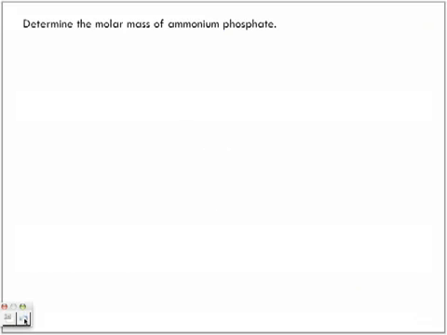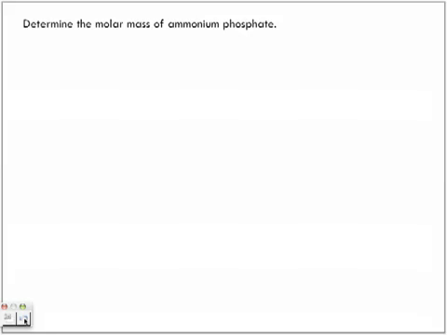First question. Determine the molar mass of ammonium phosphate. Here we go again. I don't give you the formula. You must be able to put together this formula. And one common thing, and I hope you're not doing this right now, I hope you're not looking through the periodic table for ammonium. You will not find ammonium in your periodic table.